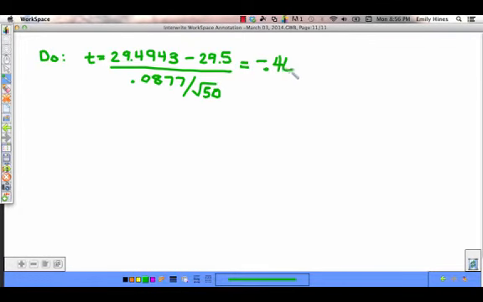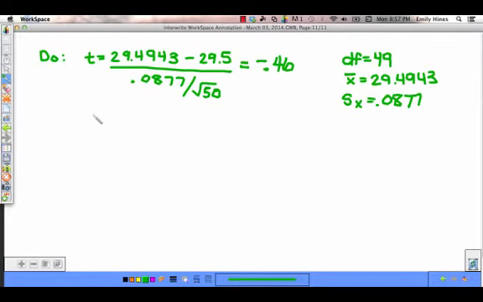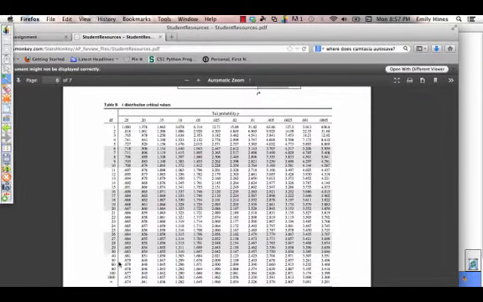Negative 0.46. Okay, I want to make sure I write down that my degrees of freedom is 49 since my sample size is 50. I probably want to write down, even though they gave it to me, that x bar is 29.4943 and s is 0.0877, just so that everyone knows that I know what I'm talking about. Okay, then I go to my table, and for 49, I'd have to go back to 40. So I could do this and go over, or I could go to my calculator.